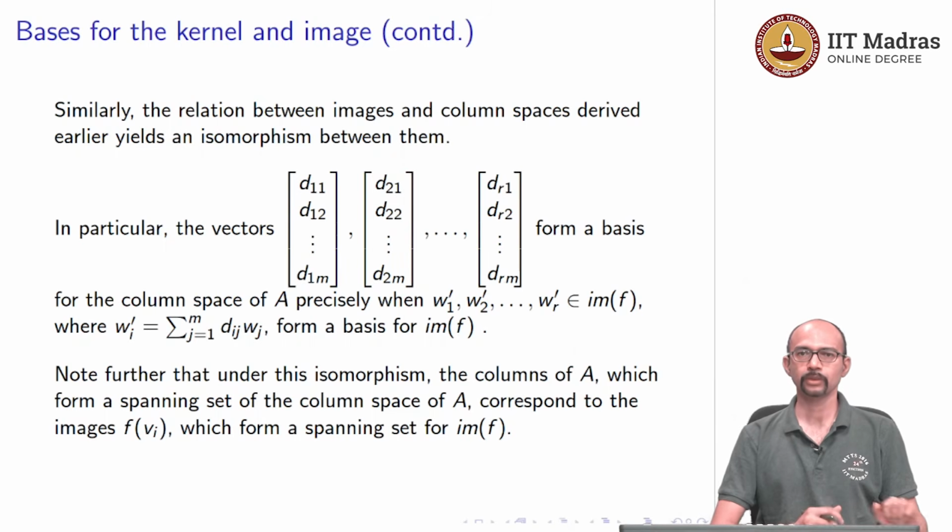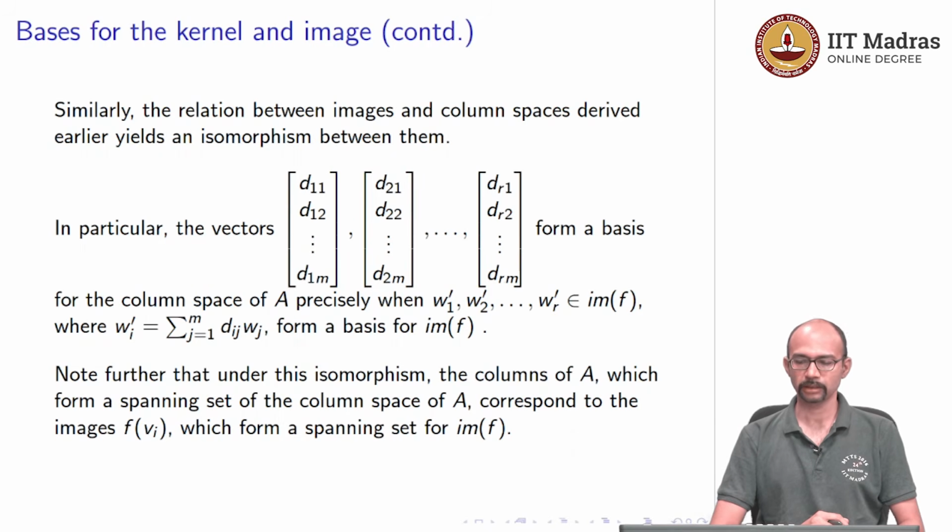So, in this video we have seen the notion of image and kernel, and we have discussed the relationships between the kernel and the null space of the associated matrix once we fix ordered bases, and similarly the relationship between the image of a linear transformation and the column space of a matrix which we obtain by fixing ordered bases.